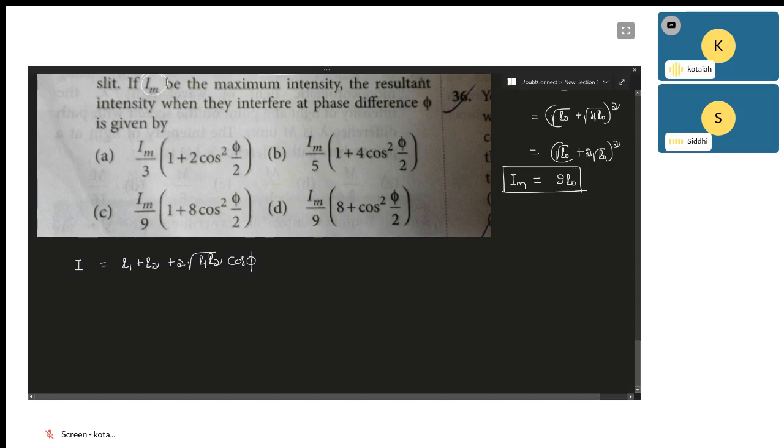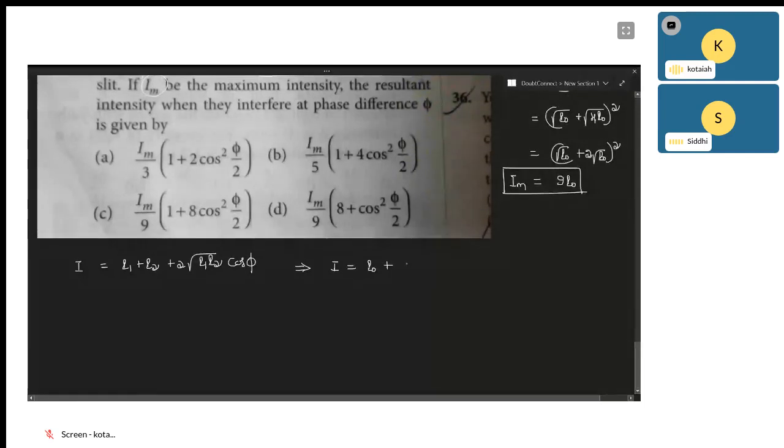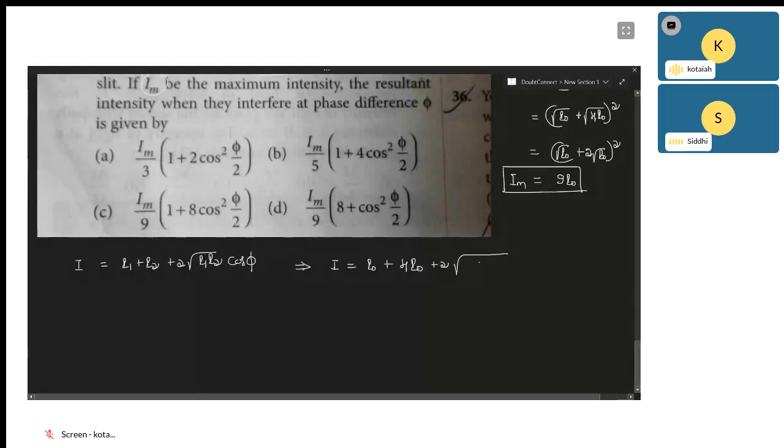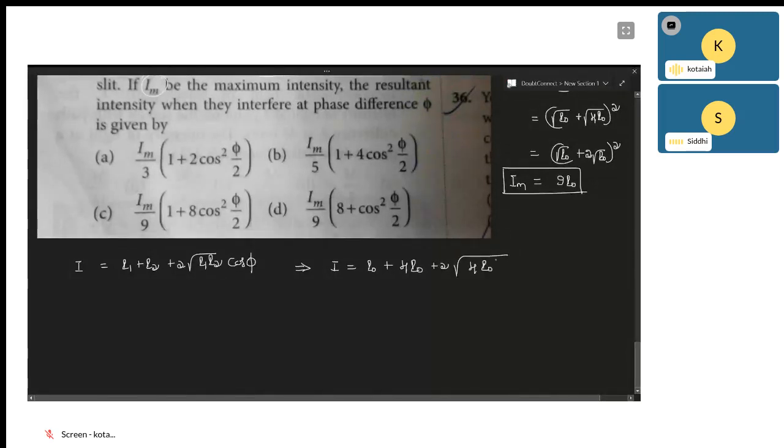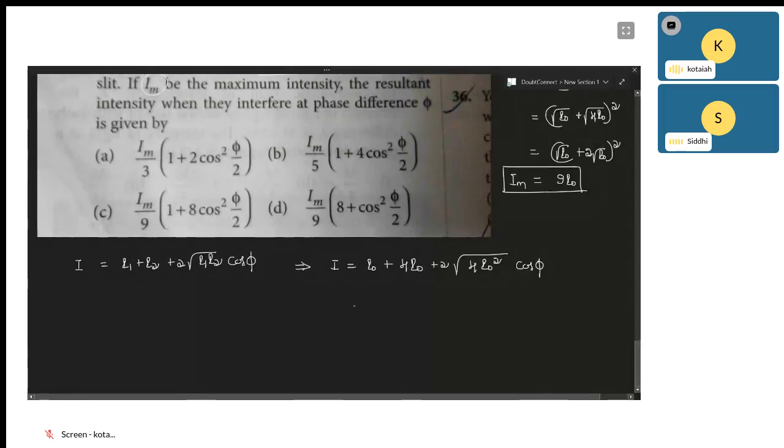Then you will get the above formula. If you substitute cos phi is equal to 1, you will get root I1 plus root I2 whole square. Now, chalo. So from this, I can write I is equal to I1 means I naught plus I2 means 4 I naught plus 2 into root of I1 into I2 means 4 I naught square, into cos phi is equal to 5 I naught.